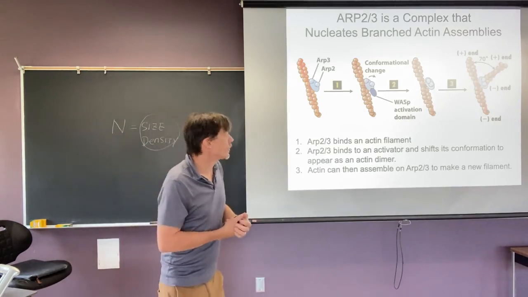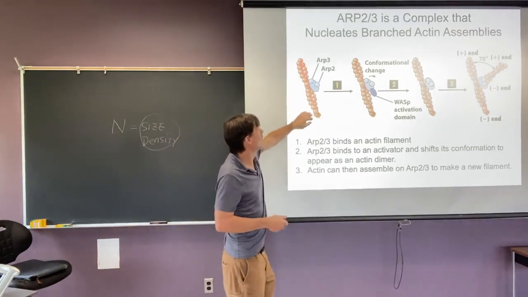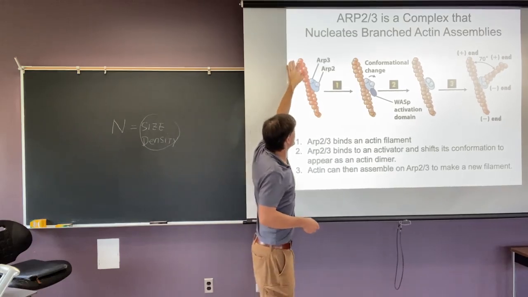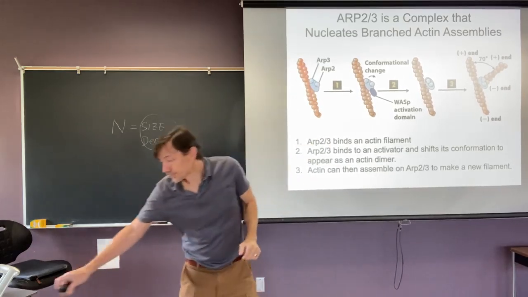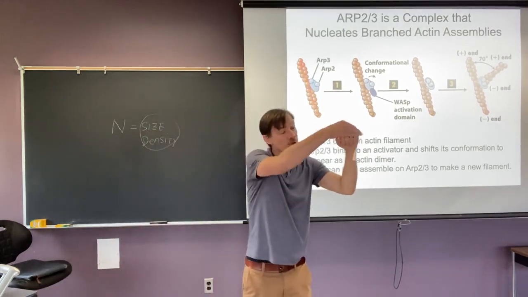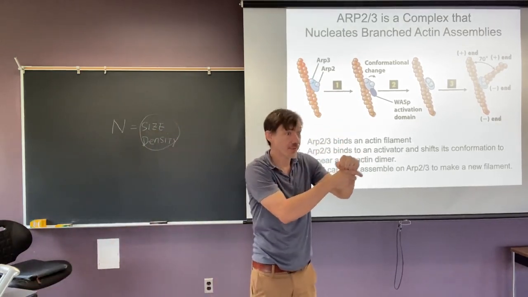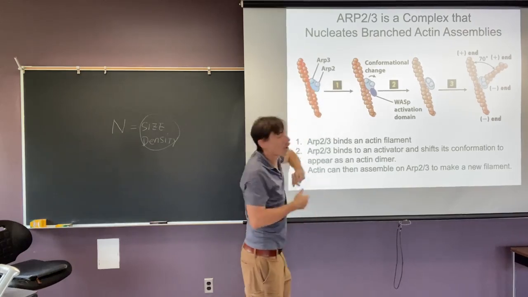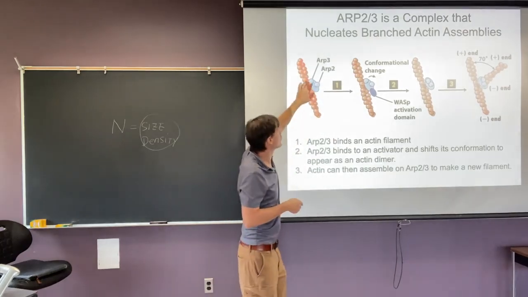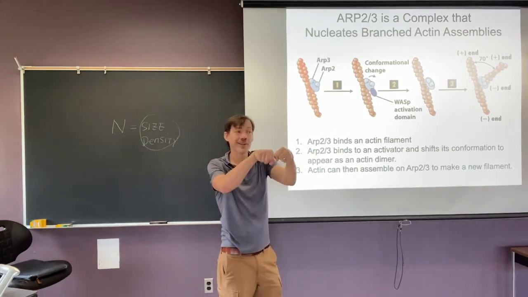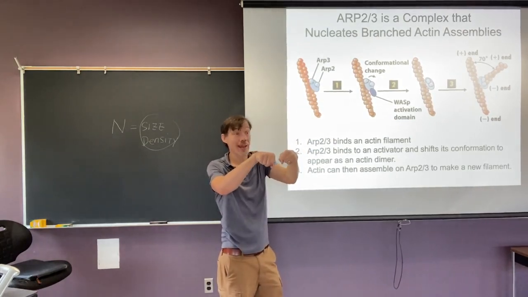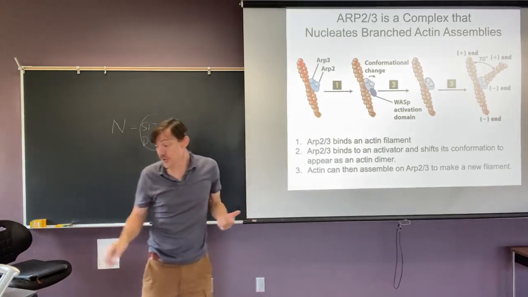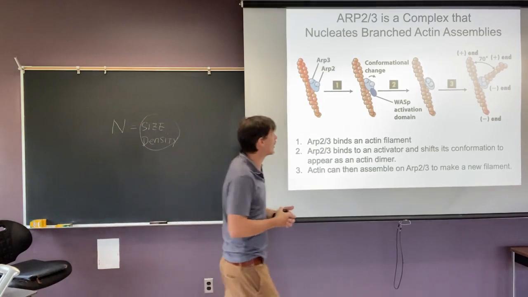And the way this works, and sometimes I really hate cartoons, but I like this cartoon. When we talked about the G-actin, we talked about how there's a smooth side and a cleft side. So in blue here, we have our Arp2/3. What you'll see is there are two proteins that are drawn like actin, and as far as the cell is concerned, they have the same functionality as actin.